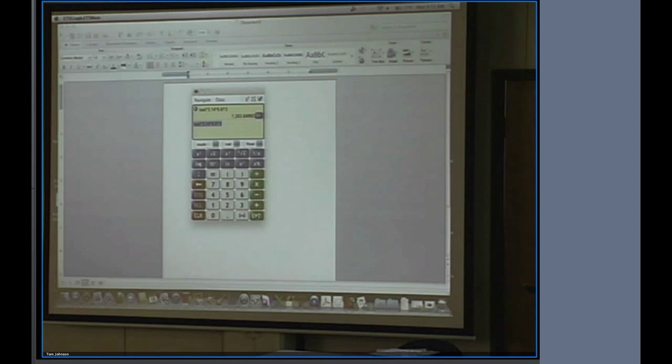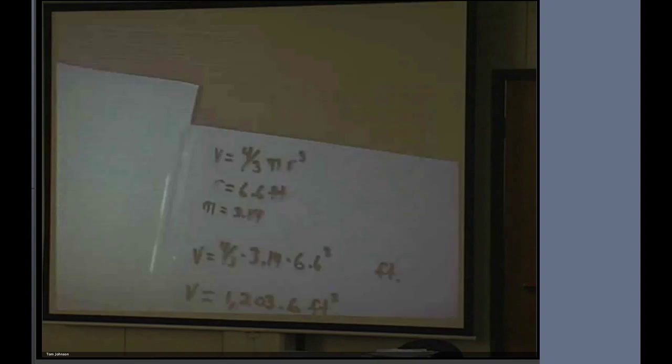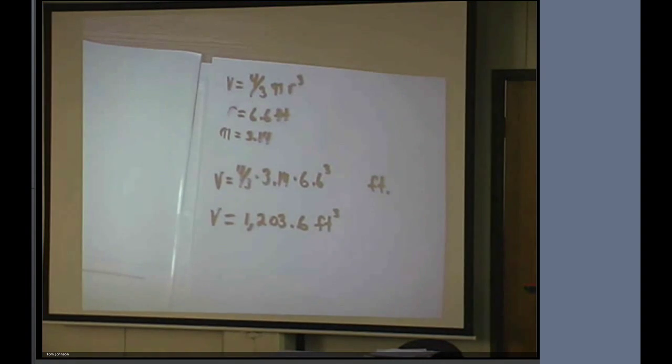Oh, very good. So we have to say the units. And what are my units? Okay, feet. And we're looking at volume, so it's cubed. I have to switch back over so you guys can see that beautiful answer. See, there you go. So the volume is 1,203.6 feet cubed.